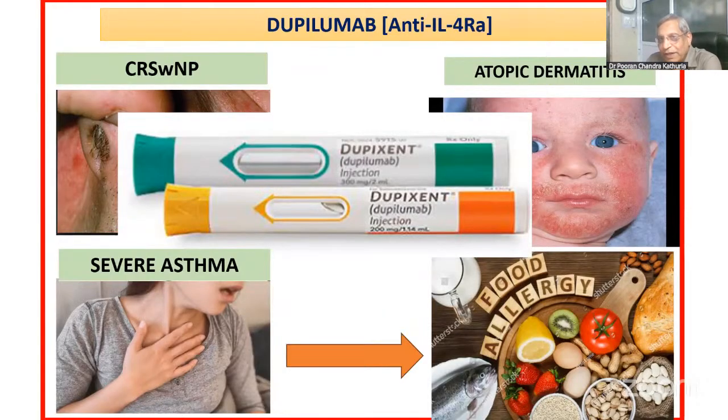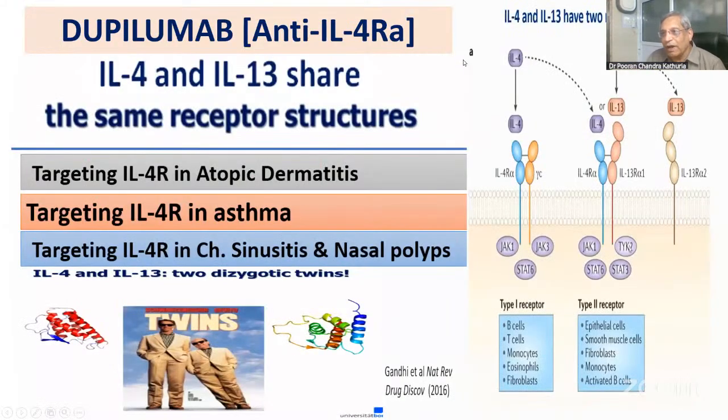Now we are looking at the cytokines of Th2. Th2 cytokines are IL-4, IL-5, and IL-13. IL-4 and IL-13 are the important cytokines. Once we look at the IL-4 receptors, there are two types.